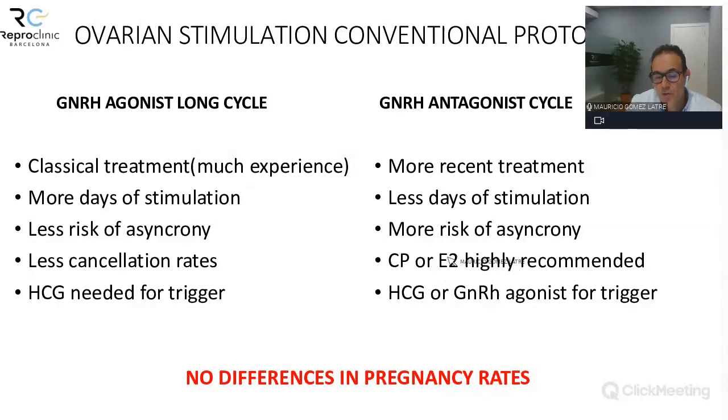But it's interesting to know that in the antagonist cycle, we can prevent it with the triggering with GnRH agonist. Actually, I have to recognize the antagonist cycle is more used in daily practice. But in some cases, for example, with repeated asynchronous cycles, the agonist cycle is used with success.